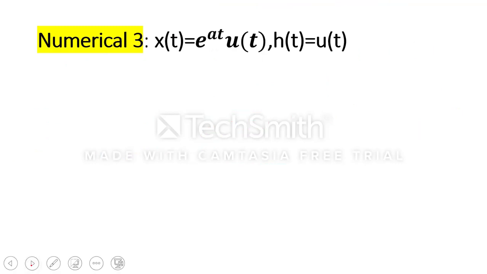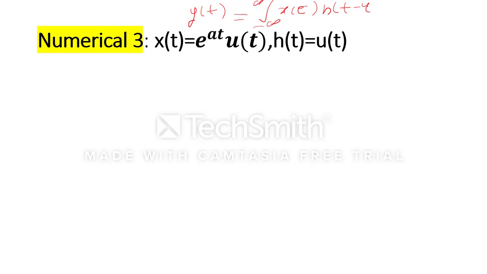Now the next numerical: x(t) equal to e to the power at u(t) and h(t) is equal to u(t). So again we will write the formula. y(t) is equal to integral from minus infinity to infinity x(tau) h(t minus tau) d tau.